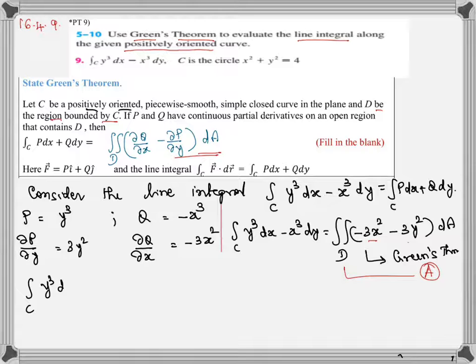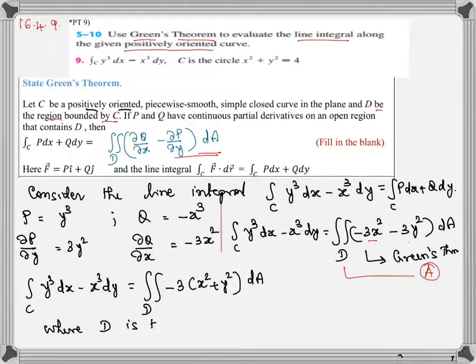Now the integral over C of y cubed dx minus x cubed dy equals the double integral we have to evaluate, negative 3 times (x squared plus y squared) dA. Now D is the domain, which is a disk. C is a circle and the circle bounds a disk, x squared plus y squared less than or equal to 4.